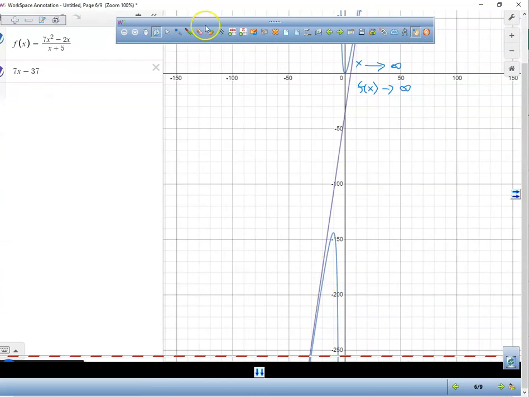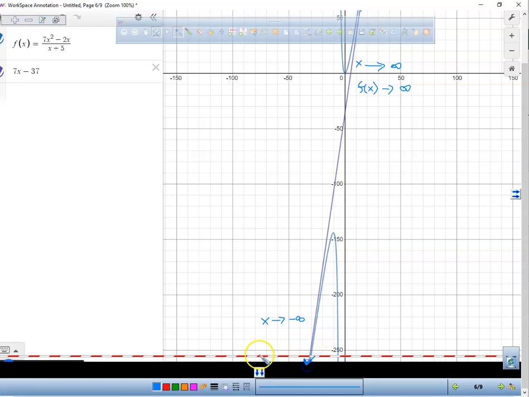Over here, as my x values are going to negative infinity, what's happening with my y values? They're going to negative infinity. So as x is going to the left, it's going down. As x is going to the right, it's going up. And that's your answer. So hopefully seeing is believing.